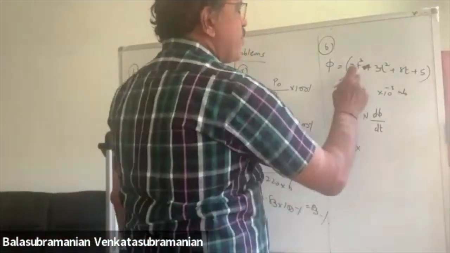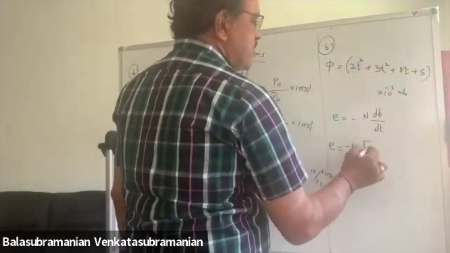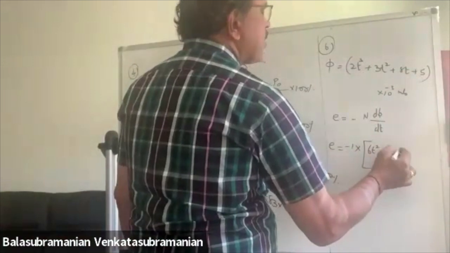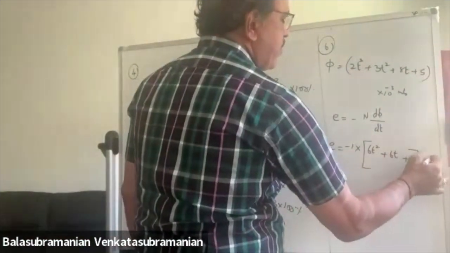d phi: differentiate this. 6t square plus 6t plus 8, into 10 power minus 3.